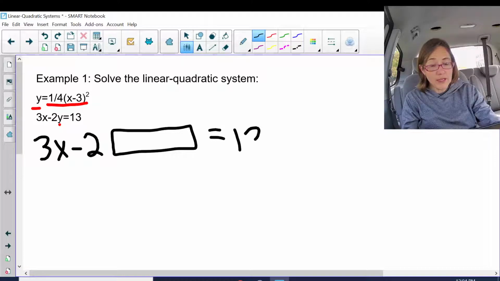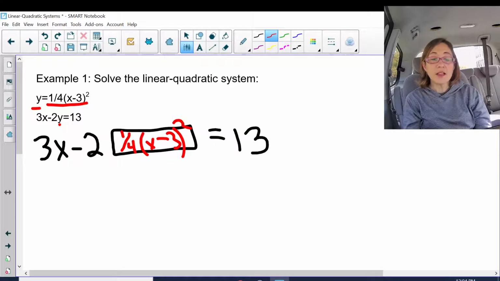The rest of the equation says equals 13, so I'm going to get that written down, and then I'm going to go ahead and fill in my box with, instead of a y, 1/4 times the quantity x minus 3 squared. So I'm filling in. That's the substitution step.